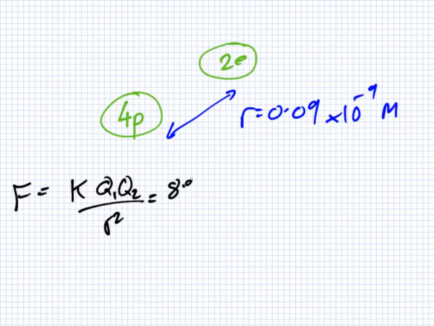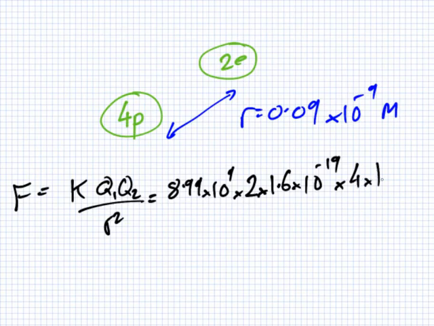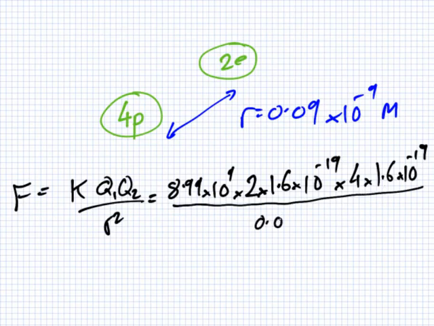So 8.99 times 10 to the 9, and then 2 electrons. So actually, let me get back my charge of 1 electron. So 2 electrons, 1.6 times 10 to the minus 19, and then the 4 protons is the same, 1.6 times 10 to the minus 19, all over 0.09 times 10 to the minus 9 squared.